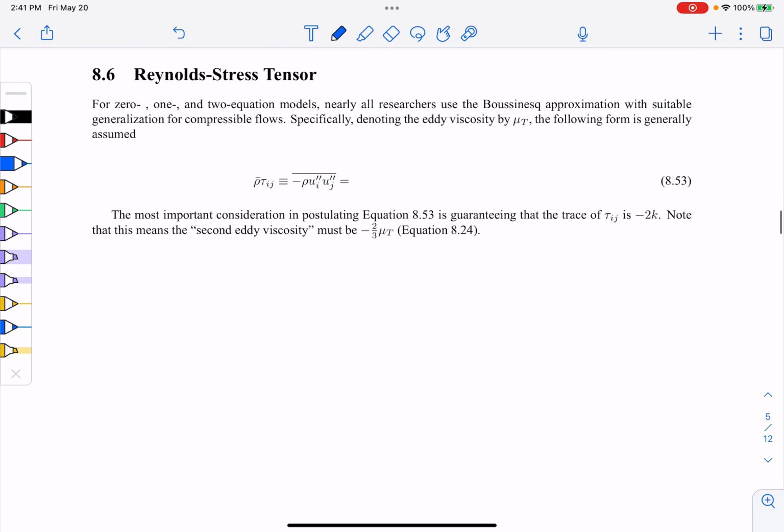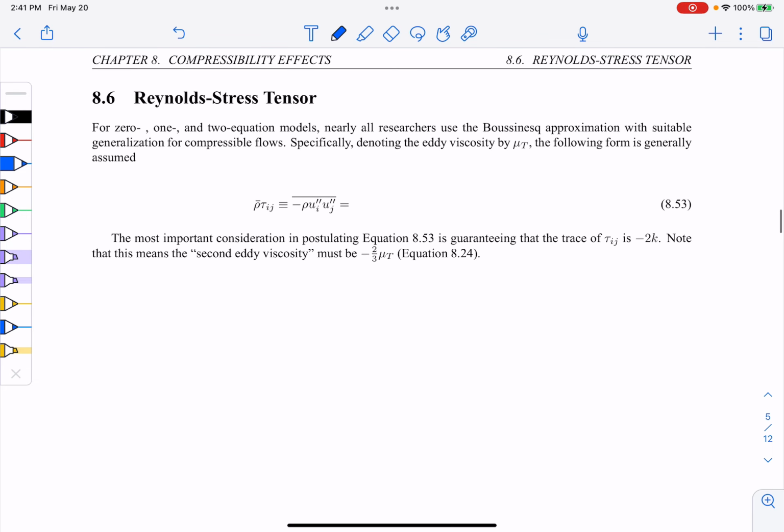The first one we might model is the Reynolds stress tensor. And typically 0, 1, and 2 equation models, of course, use Boussinesq approximations. And those are using eddy viscosity.